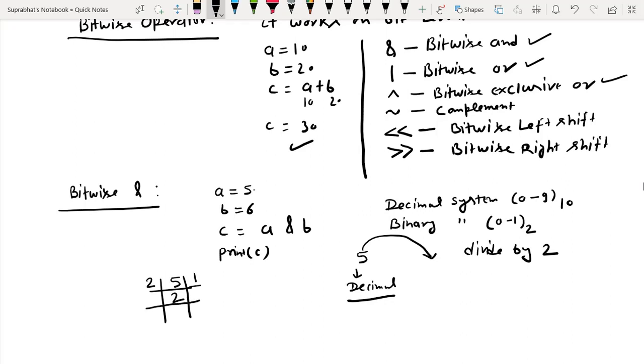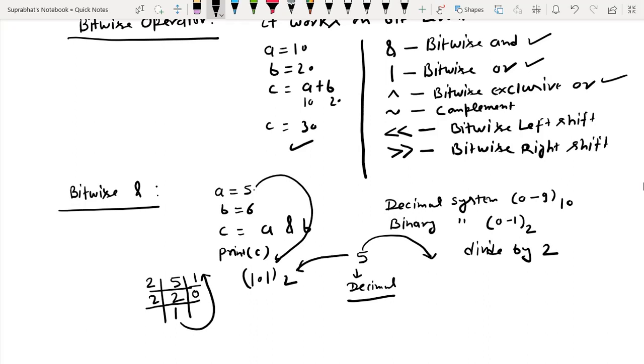And again 2 1s are 2, remainder is 0. Now taking from bottom to top, our binary is 101. This is the binary of 5.